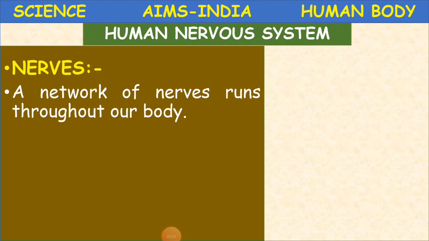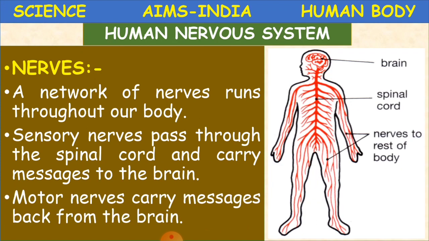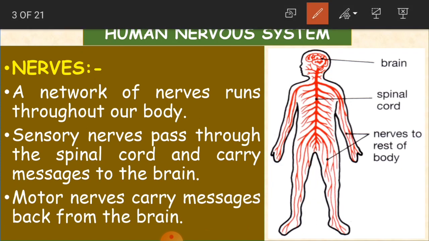About nerves. So what are nerves? A network of nerves runs throughout our body. As you can see here in the picture children, whatever you are seeing in the red lines, those are called nerves. And it is a network.